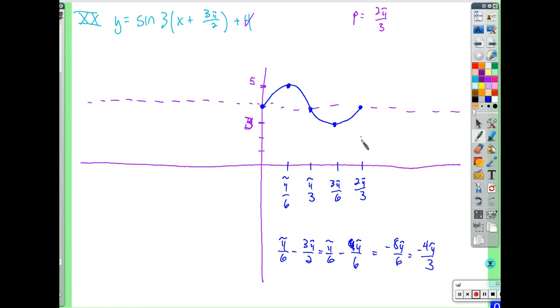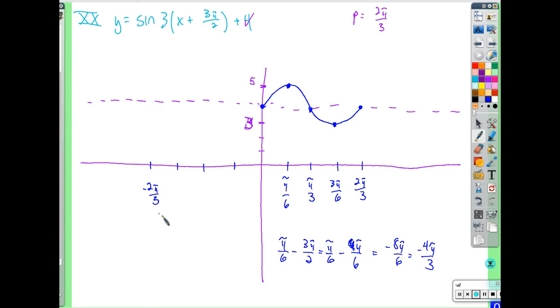Okay, so that's quite a bit. This is 2 pi over 3, so if we were to go that same amount in the other direction, this would be negative 2 pi over 3. We need to go to negative 4 pi over 3.